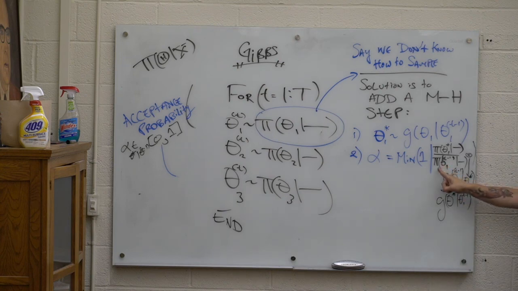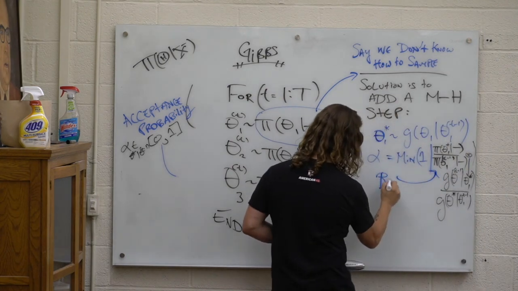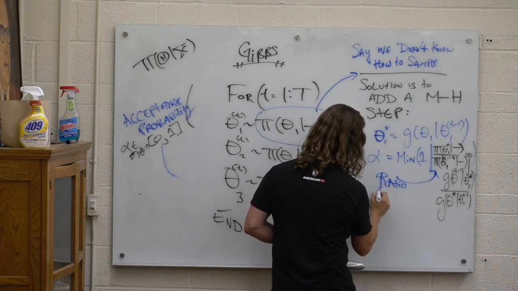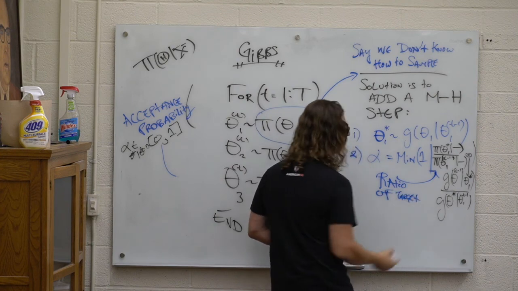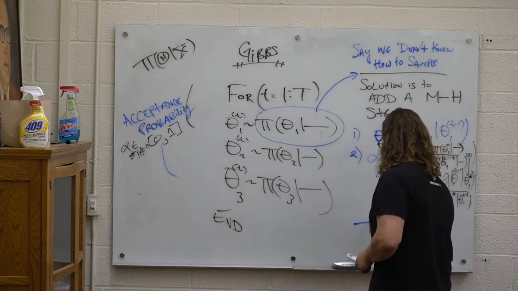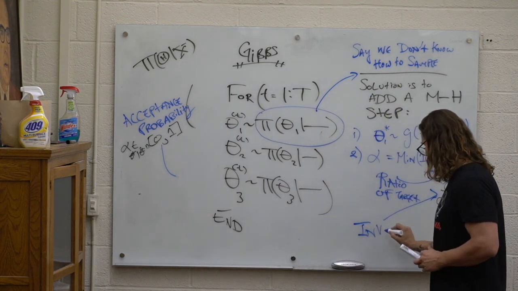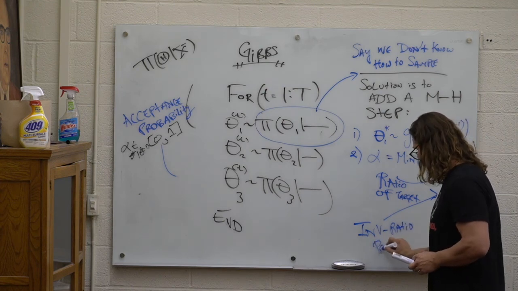So it's this, the ratio of targets, that's what I'm trying to sample from. It's its full conditional, and this is the inverse ratio of proposals.